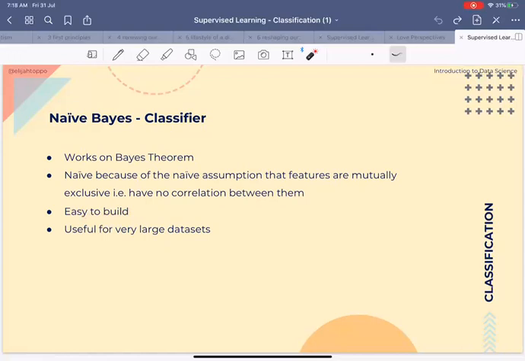As soon as we look at the idea of how it is working, you would understand that it is not very complicated, or we would require a lot less programming to be able to build naive Bayes. Additionally, it is very, very useful for large data sets. Again, once we see how it's working, we can probably guess why it is useful for large data sets.